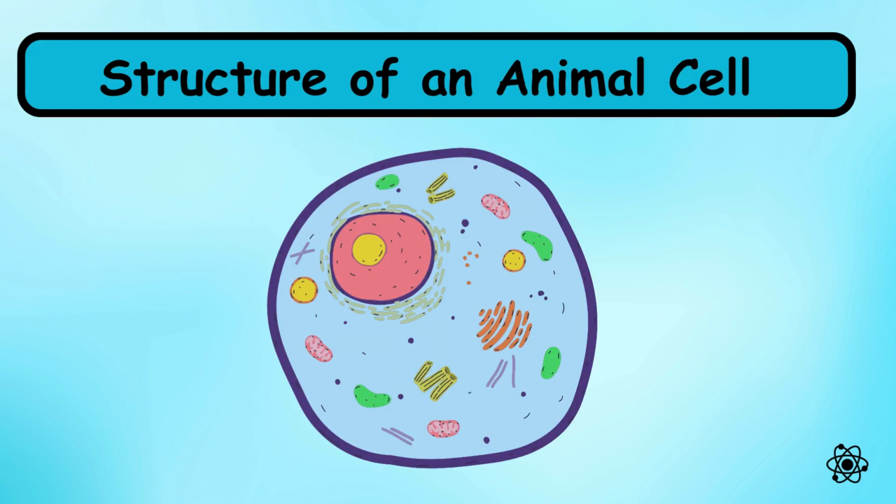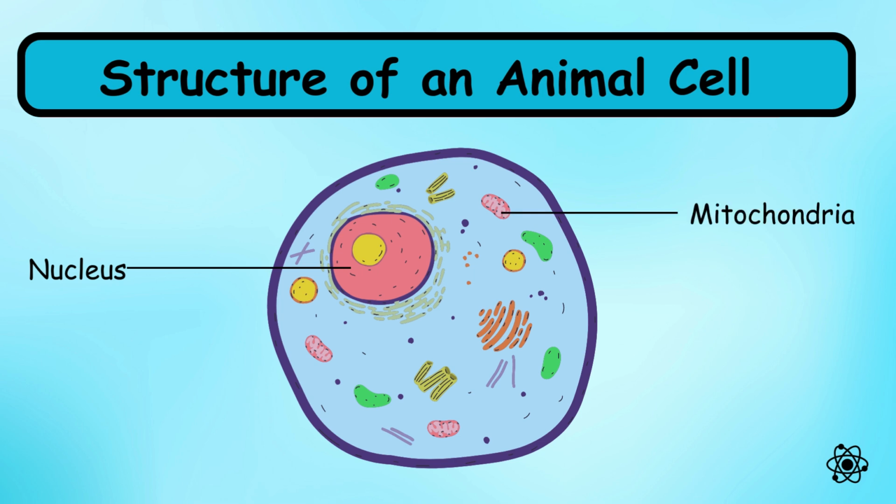Let's take a look at the structure of an animal cell first. It is important to be able to identify the part of an animal cell and understand what each part or organelle does. First, this is the nucleus, or also called the control unit of the cell.